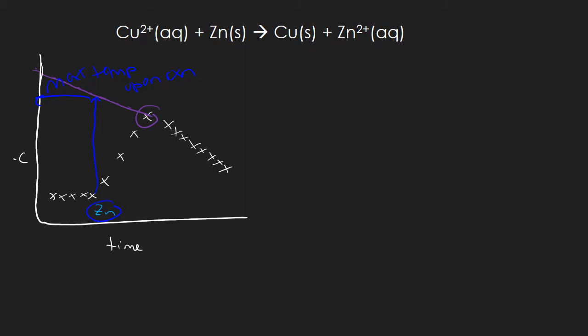Now this extrapolated line assumes the same rate of cooling. We have no other way to do that. So we need to assume that the cooling is going to take place. So we have this line, we have this graph, we can extrapolate the data. You will have to do this, so make sure you're able to read the graph so you can extrapolate backwards, and then you find that point in which zinc was added for the temperature that takes place during that reaction.